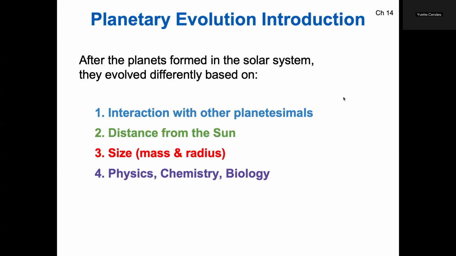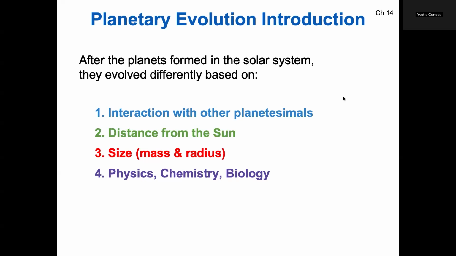So to discuss planetary evolution, also where these planets came from: after the planets formed in the solar system, they all formed in the same dusty disk that we discussed earlier, but they then evolved differently. And this was based on a few different things. So things like interactions with different other planetesimals. There's a lot of other stuff that was in that disk at the time.